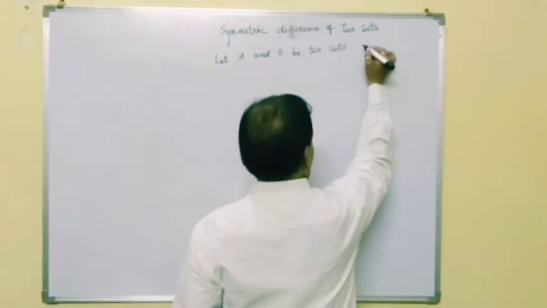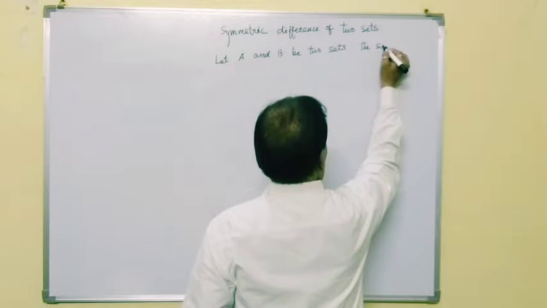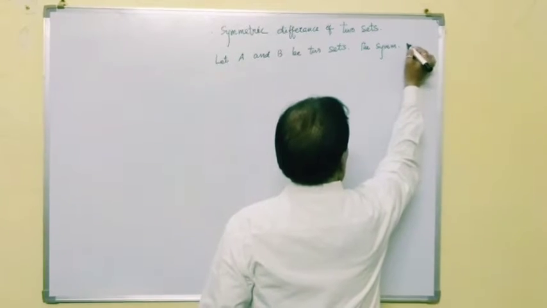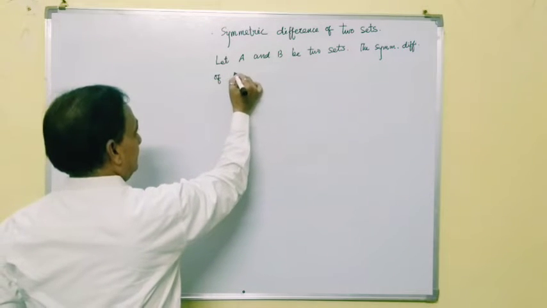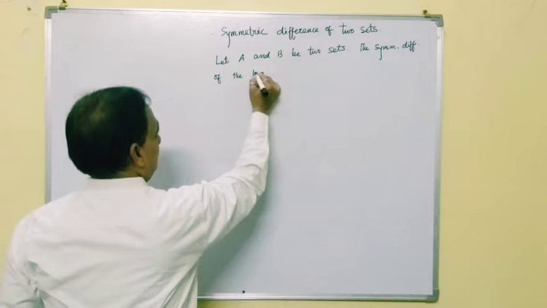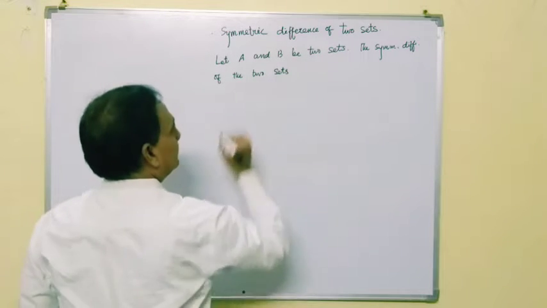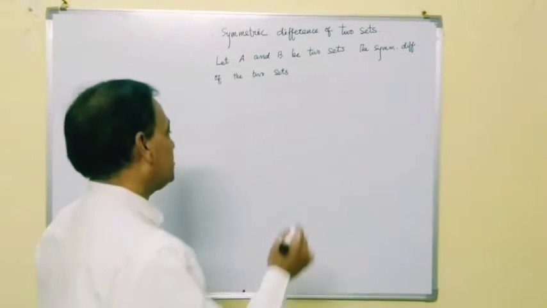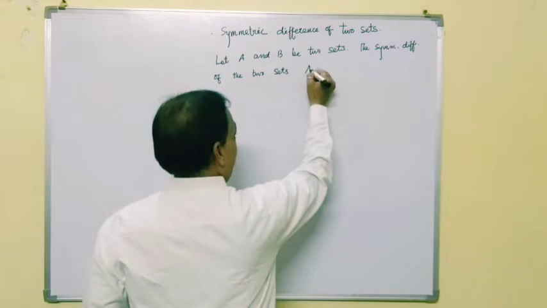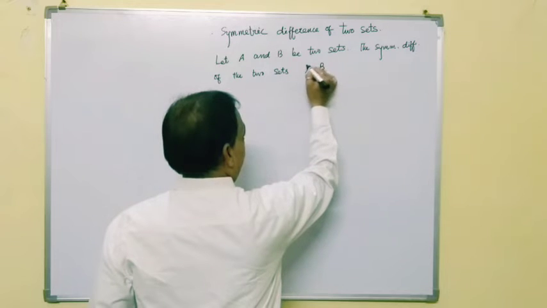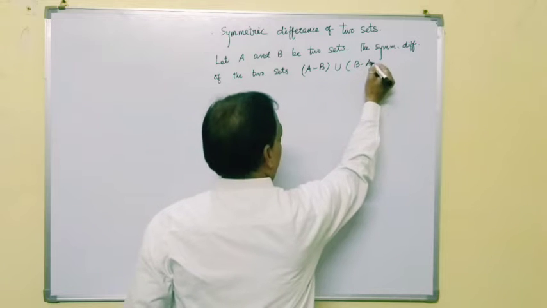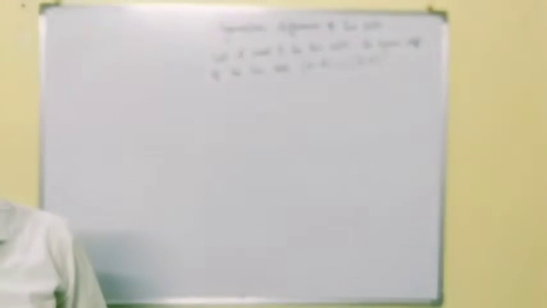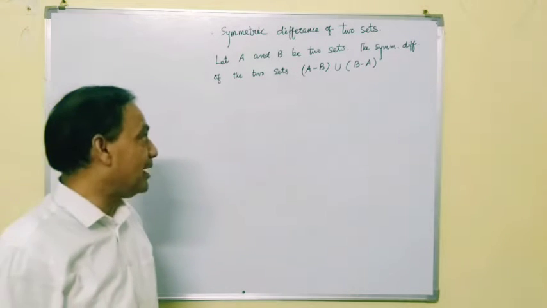The symmetric difference of the two sets, इसको लिखते हैं A माइनस B यूनियन B minus A. This is the symmetric difference. A minus B union B minus A.